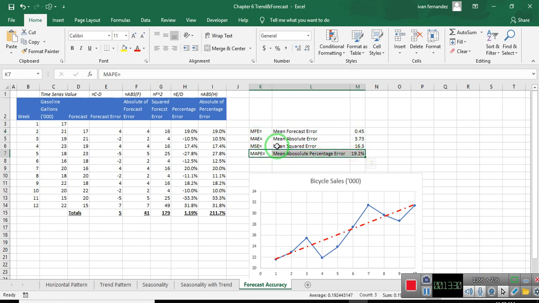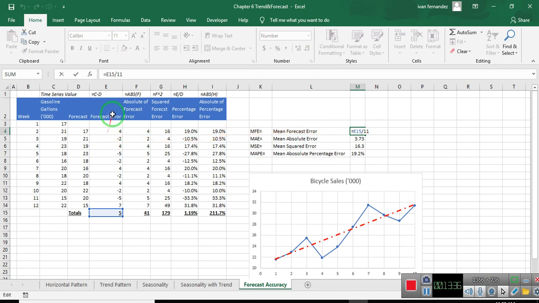So the first one is MFE, which is the mean forecast error. Simple. You're going to take the sum of the forecasted errors, and you're going to divide it by the number of observations: 11. Remember, that's what I mentioned early on. You only have 11 forecasts, even though you have 12 observations.